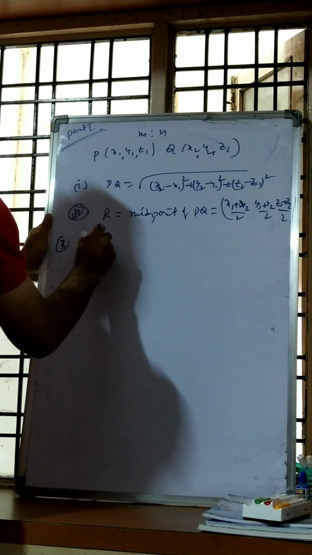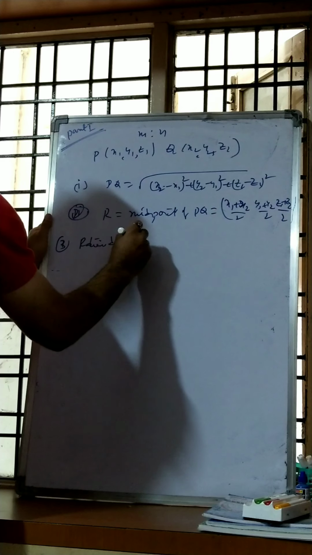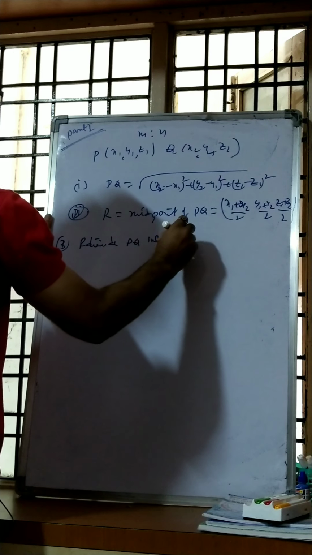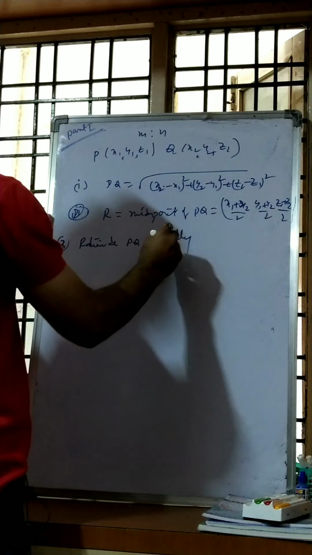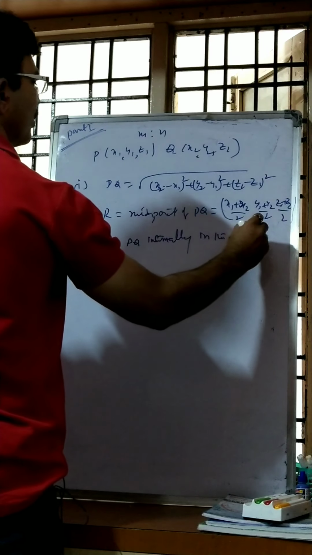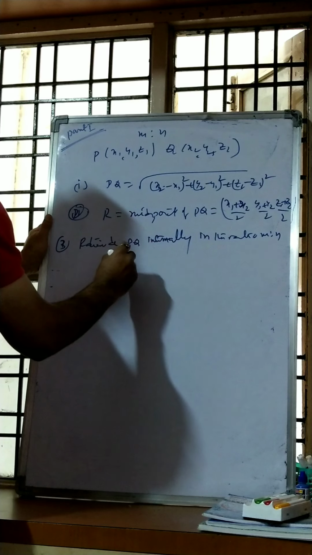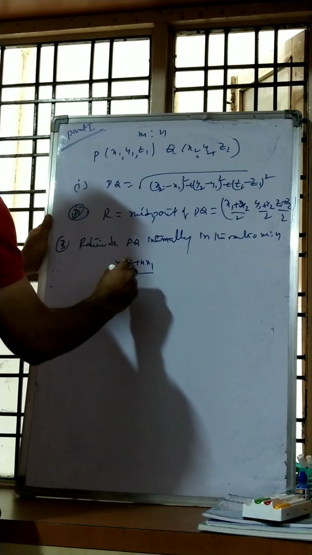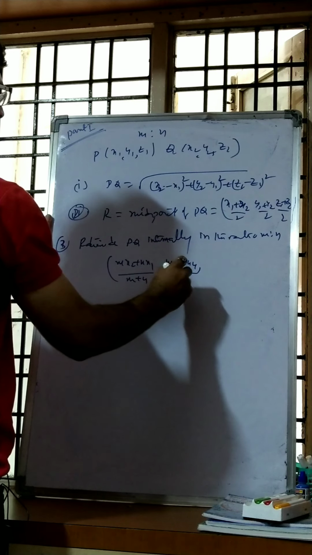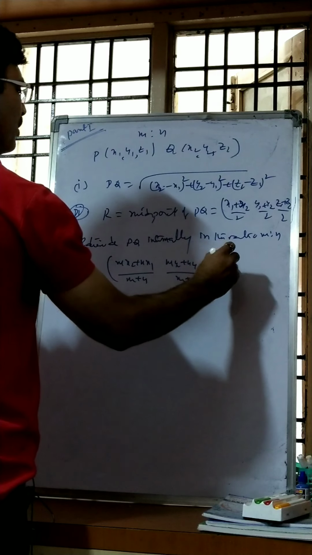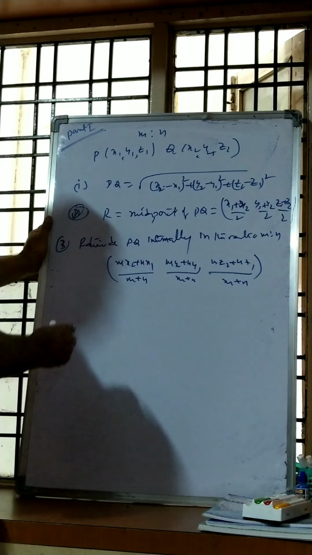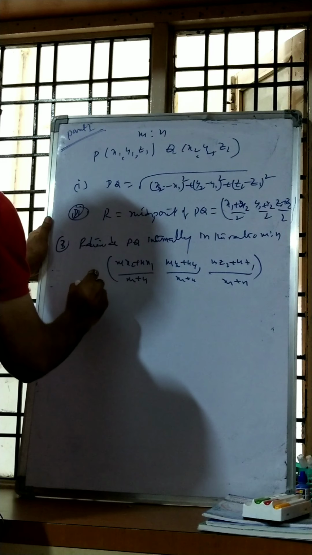The third point, after midpoint: suppose R divides PQ internally in the ratio m is to n. Then you will get mx2 plus nx1 divided by m plus n, my2 plus ny1 divided by m plus n, mz2 plus nz1 divided by m plus n.